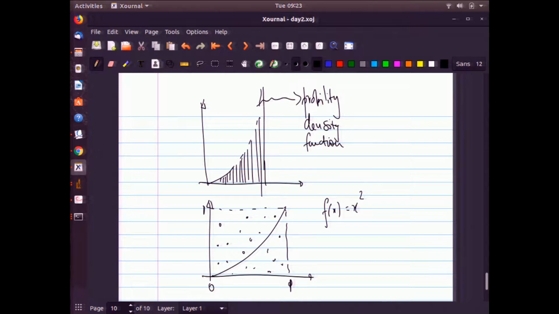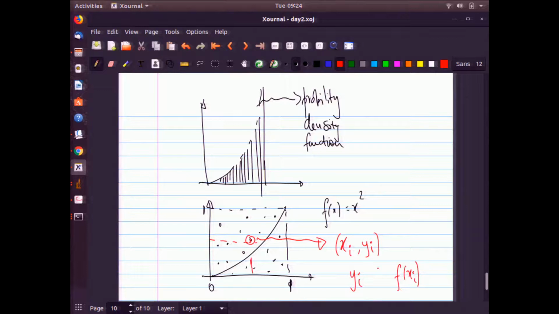Okay, now if you look at this, can someone tell me now how do you do it? Every time you generate a sample, right? So let's pick one of these. So let's pick this. What I do is I check. So this sample here, let's say it is xi, yi. Okay, now I check if yi, I compare it with f of xi. Okay.